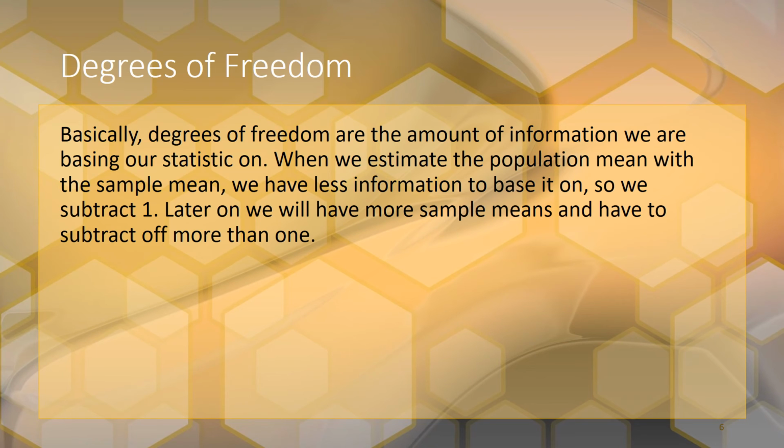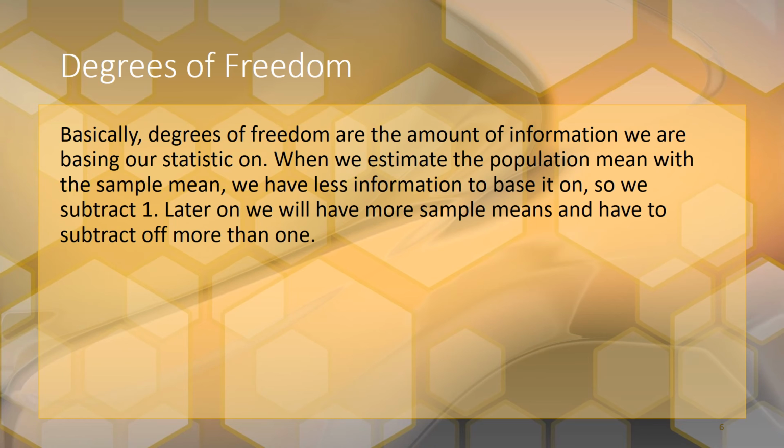So basically, degrees of freedom are the amount of information we are basing our statistic on. In this example, it's the sample variance. But we'll use degrees of freedom in other statistics. When we estimate the population mean with the sample mean, we have less information to base it on. So we subtract 1.